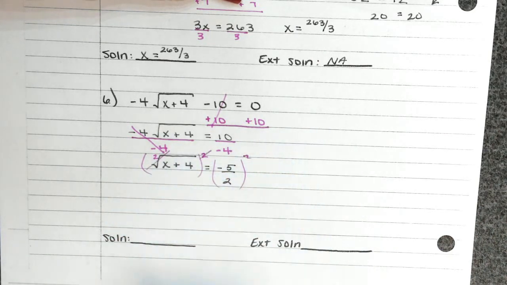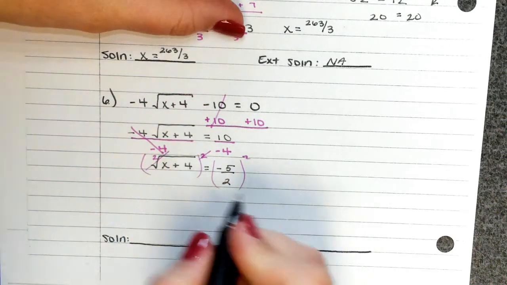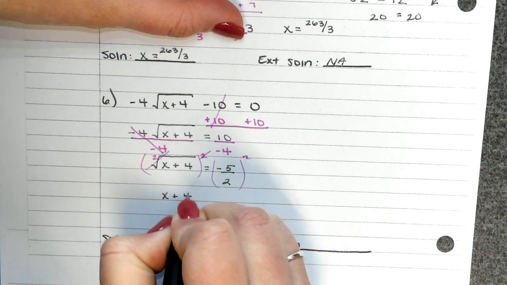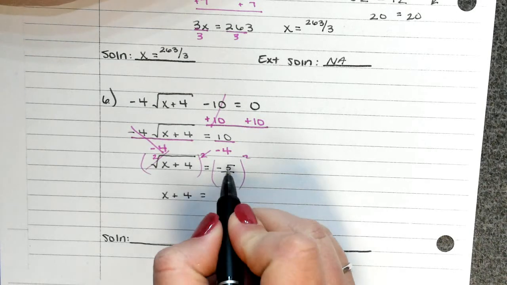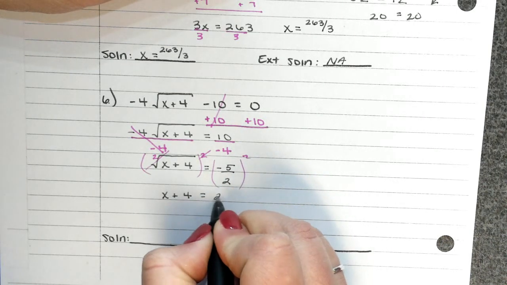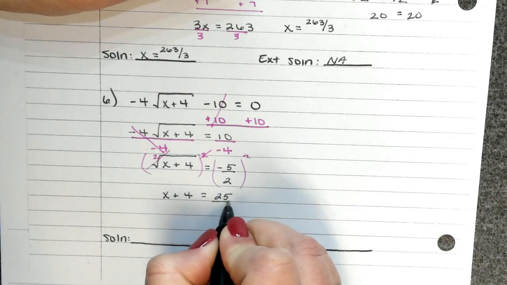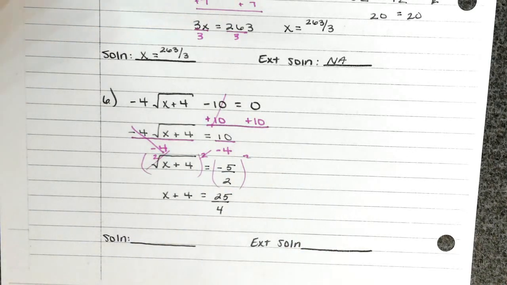My radical goes away on that side, and I'll be left with x plus 4 equals, how do I square a fraction? You multiply by itself, or you do negative 5 squared is 25, 2 squared is 4. I'd be doing negative 5 halves times negative 5 halves. So far, so good.